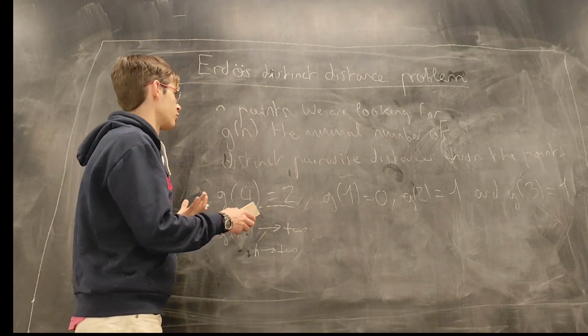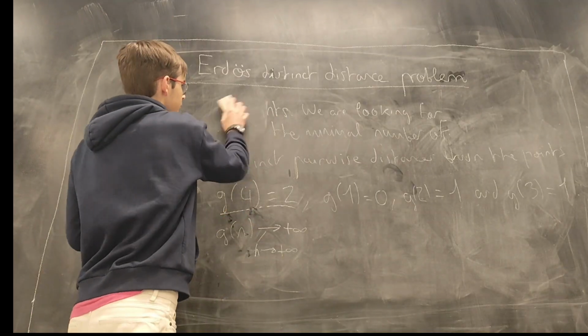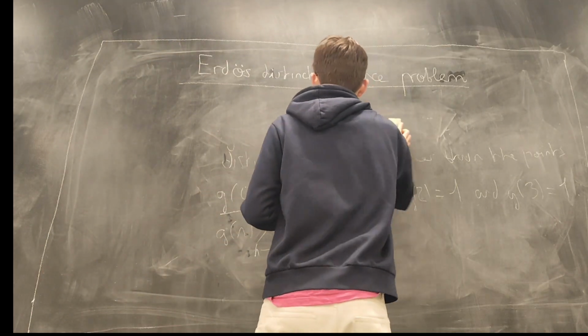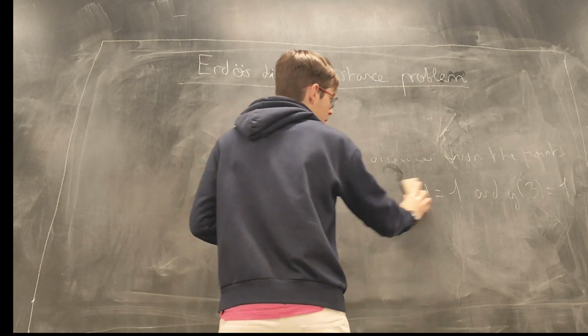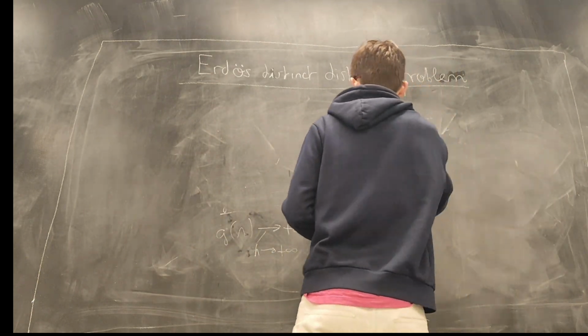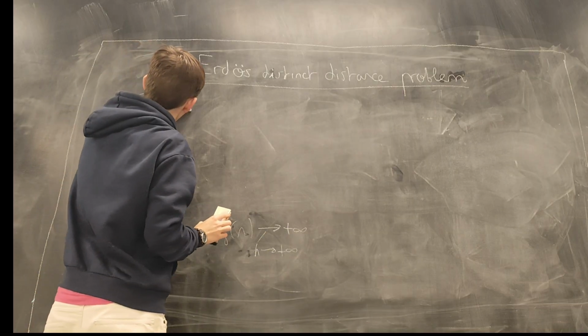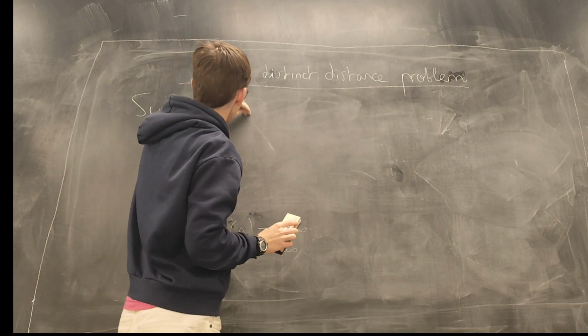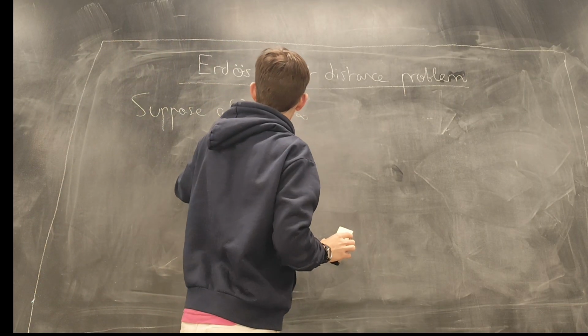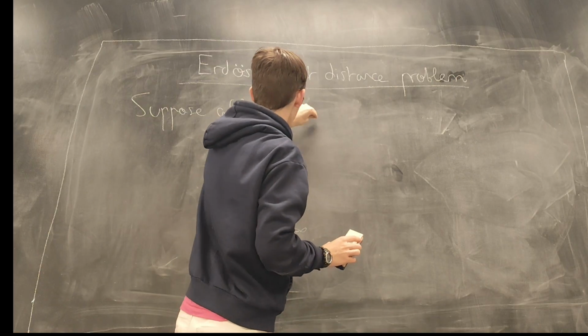We'll just reason by contradiction. So basically, we'll suppose g of n does not go to infinity as n goes to infinity.